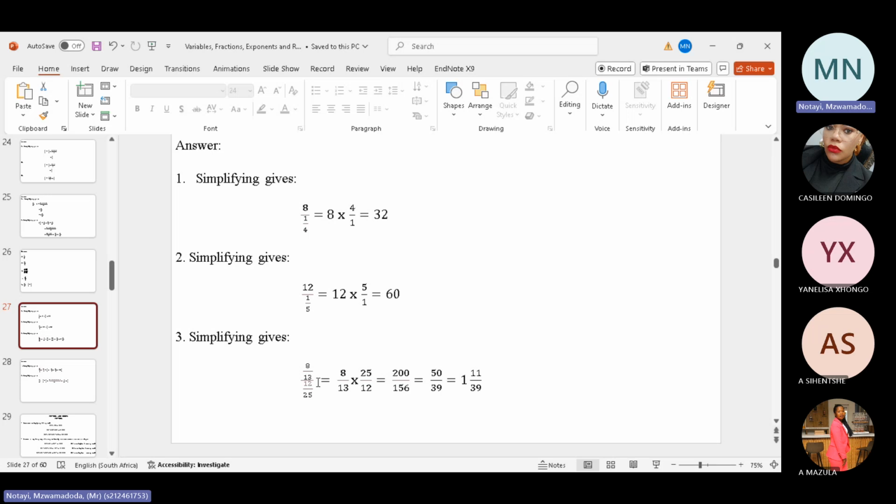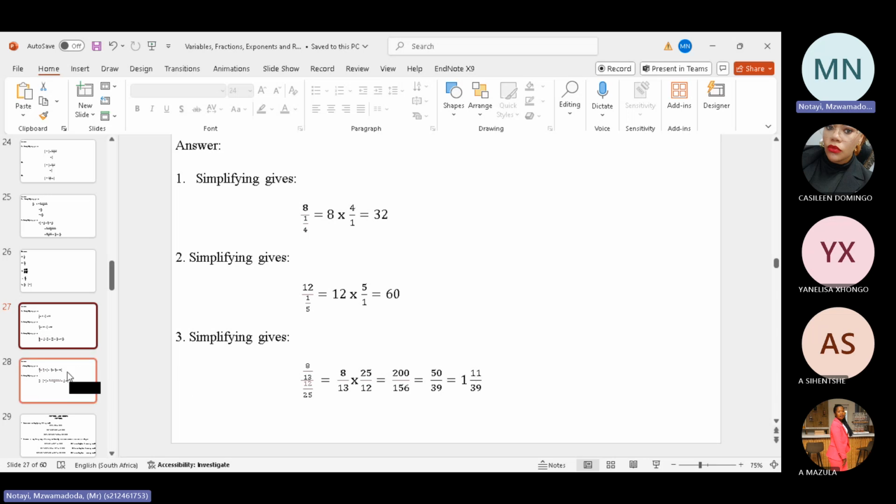So okay, we have T U U T. Okay, so 8 on top, 13 on the bottom, and then 12 on the bottom, and then 25 on top. So 8 divided by 13 multiplied by 25 over 12, which gives us 200 divided by 156, which is equal to 50 divided by 39, or 1 11 over 39.